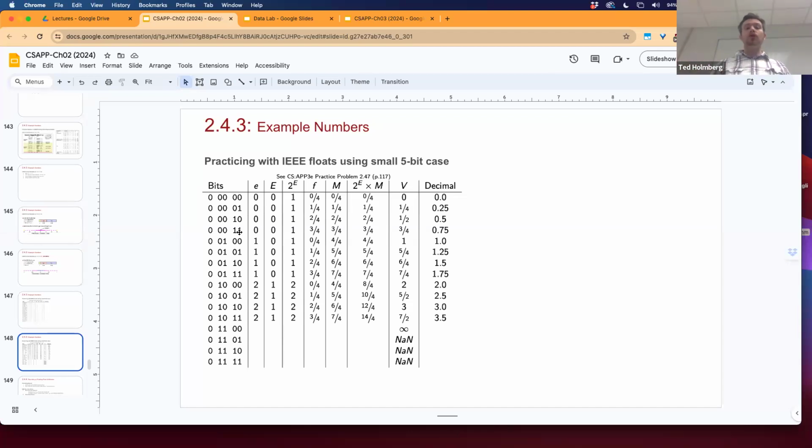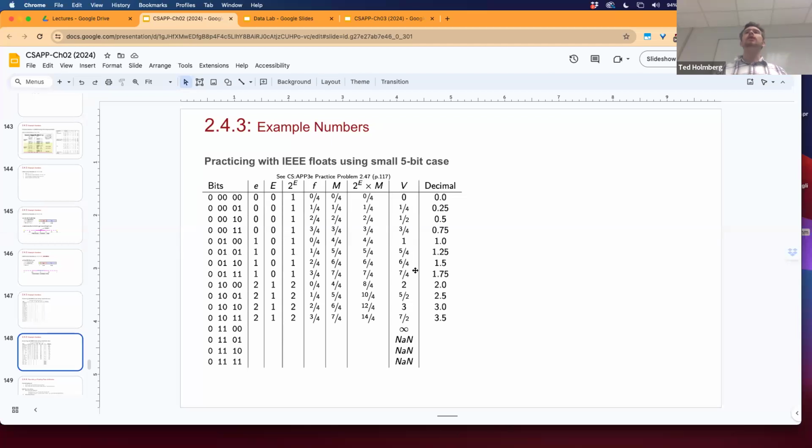And this third partition is our fraction bits. So we can see, translating this into the given formula, we can re-evaluate it as its decimal representation. So 0, 1/4, 1/2, 3/4, 1, 5/4, 6/4.